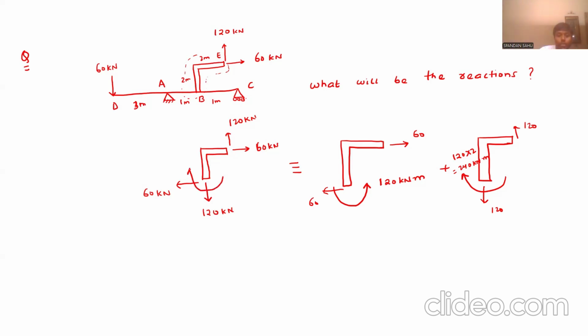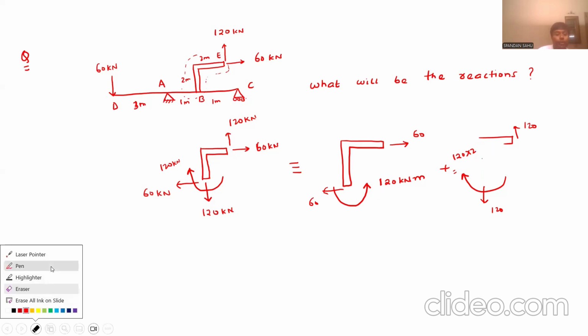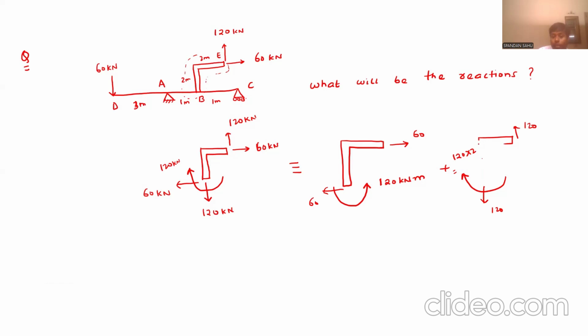So let us show here it is 120 kilonewton meter. Till this point everything is clear. Now if anyone is having any doubt, please let me know. No doubts? Okay. Now this is the free body diagram of this L-shaped bar.